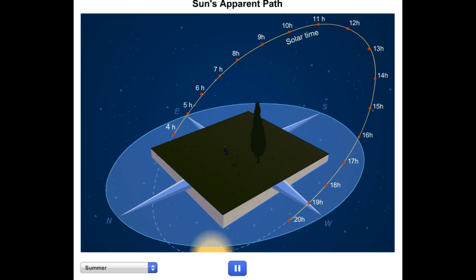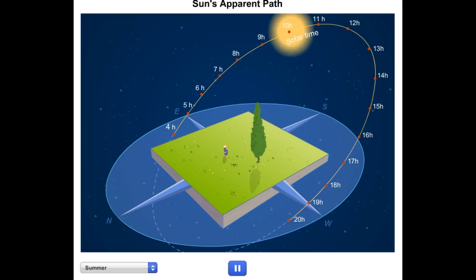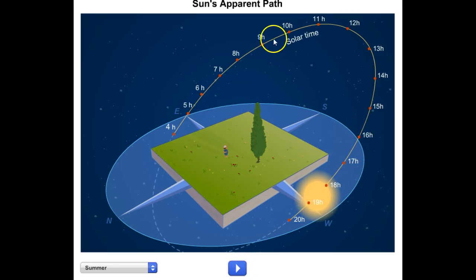So sometimes there's a saying that says, you cast a long shadow. Okay, and they're referring to this type of shadow right here from a long day at the end of summer. Okay, so to cast a big shadow, you would be at the end of a summer day.